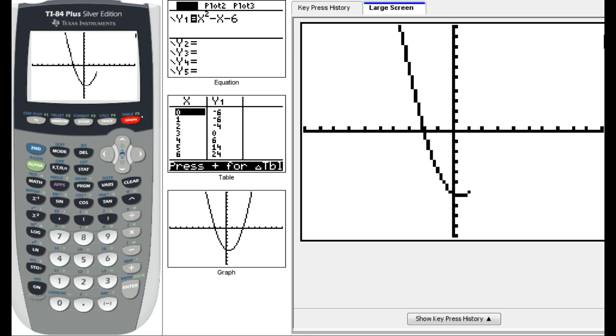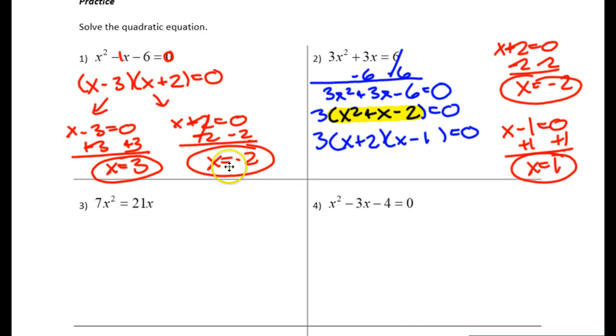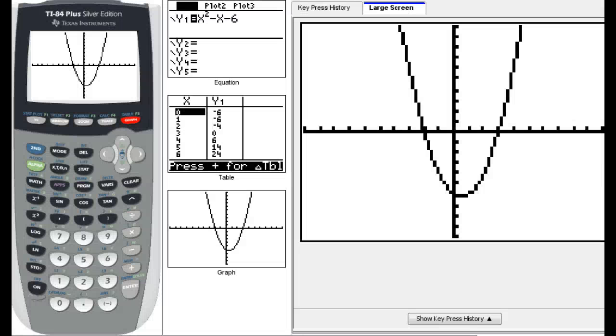Now, all quadratics, first of all, this shape, this U shape, is called a parabola. Okay? So get used to that word. Every quadratic makes a parabola. And now remember, we said that the answer is where it crosses the x-axis. So we said here x equals 3 and x equals negative 2. So look at this. Here's the origin, negative 1, negative 2, and x equals 1, 2, 3. You see? So that's how you can kind of check your answer.